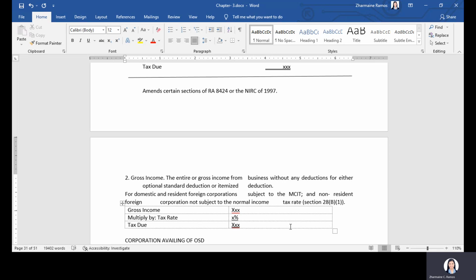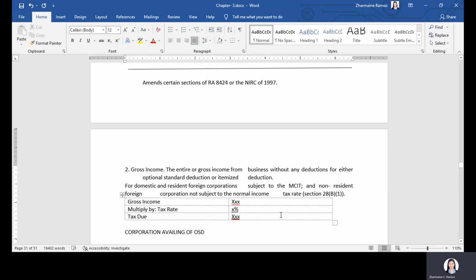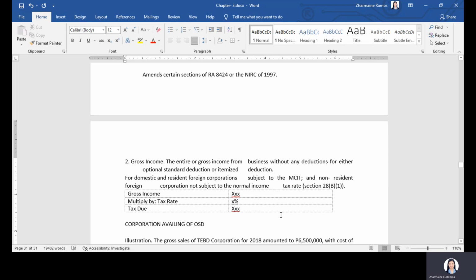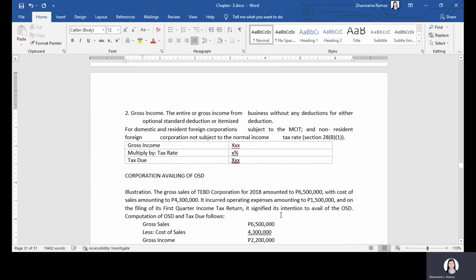So, it is the entire or gross income from business without any deductions for either optional standard deduction or itemized deduction. So, buo siya. So, for domestic and resident foreign corporation subject to the MCIT, and non-resident foreign corporation, not subject to the normal income tax rate. So, ito siya, ganito lang siya simple. Gross income times tax rate, tax due mo.